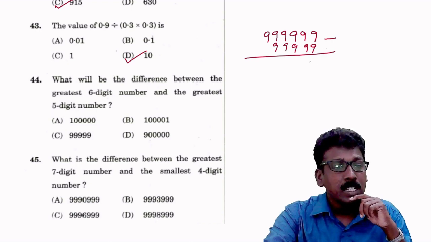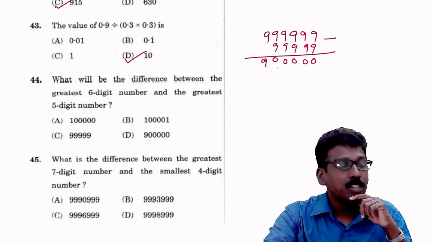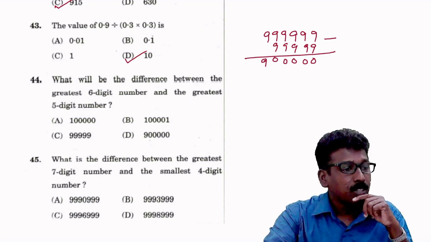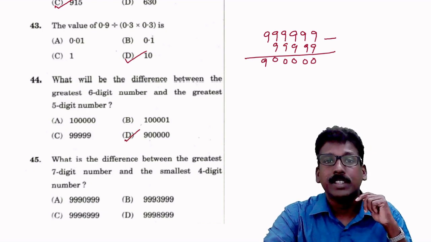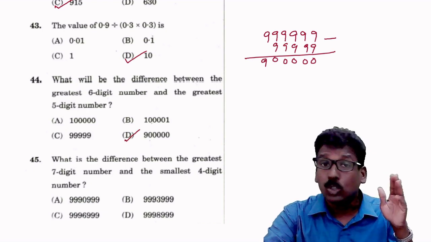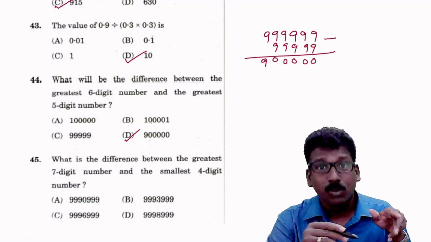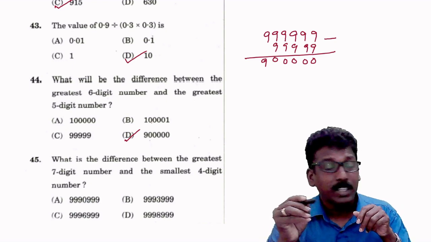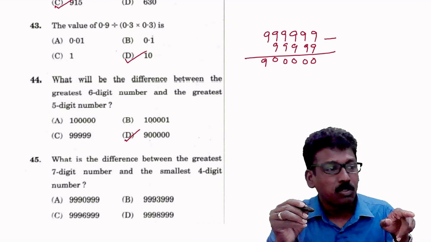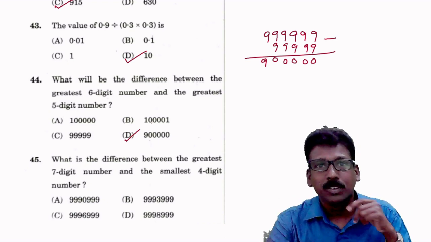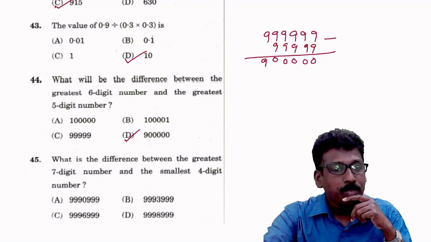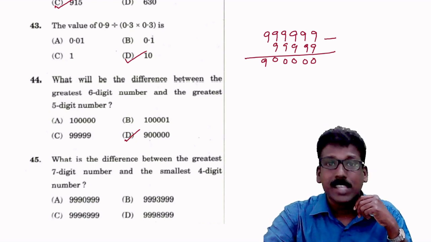Subtract it, and you get 9 and 5 zeros. Answer D is the correct option. So you don't put a tick mark here. You have to darken D for the 44th question in the OMR sheet. Okay, don't forget it.